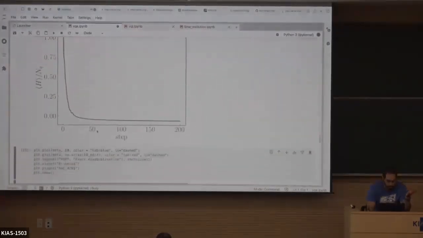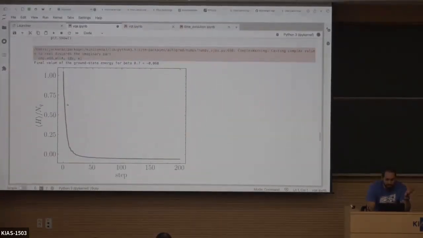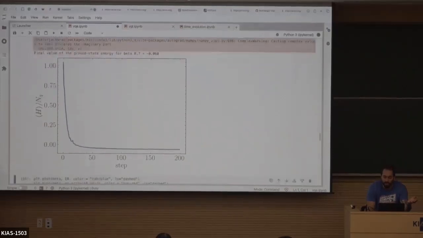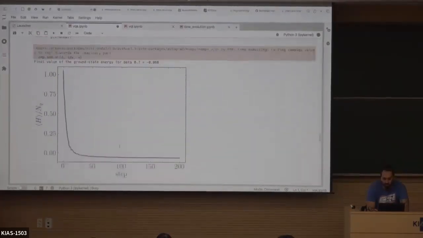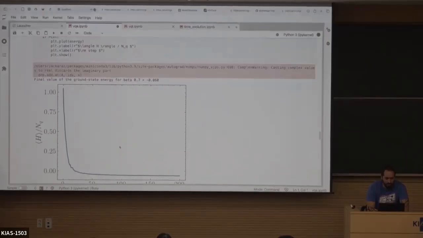It already did one step. As you can see, as you do in the Hamiltonian, what I'm doing is calculating the expectation value and dividing it by the number of sites that I applied. So this is basically the energy density. And the steps are basically the epochs that you were implementing this morning, okay? This will take a while, still running.